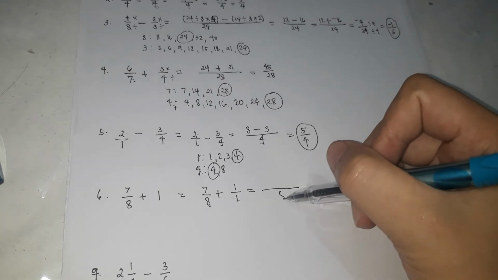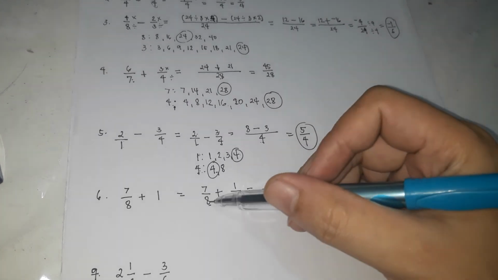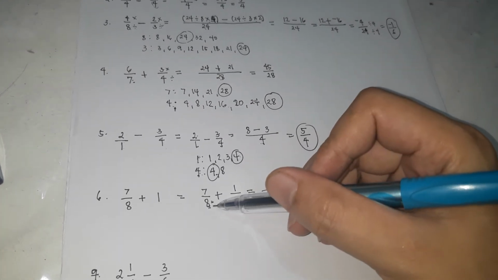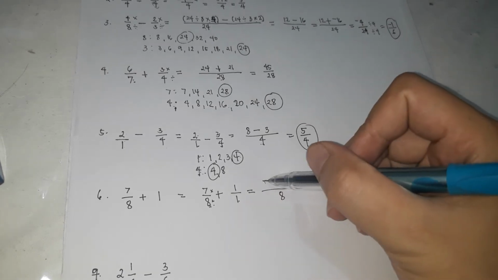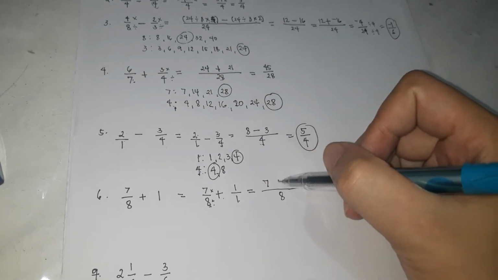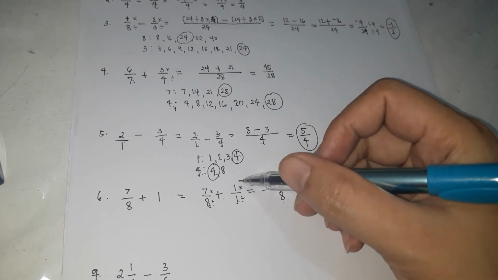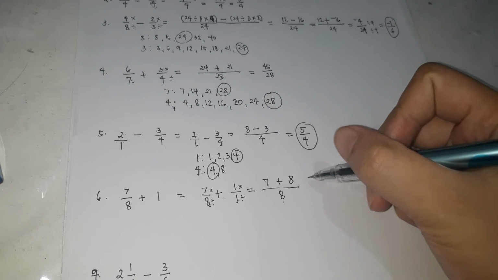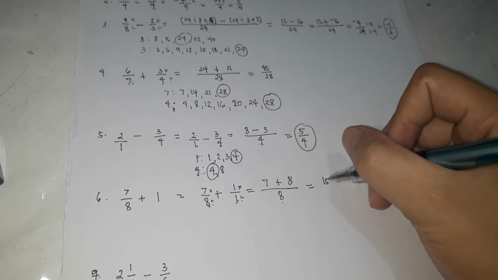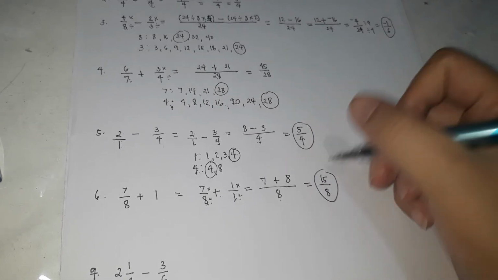Very good. 8. Divide: 8 divided by 8, 1 times 7, 7. Copy the plus. 8 divided by 1, 8 times 1, 8. So 7 plus 8, 15 over 8.